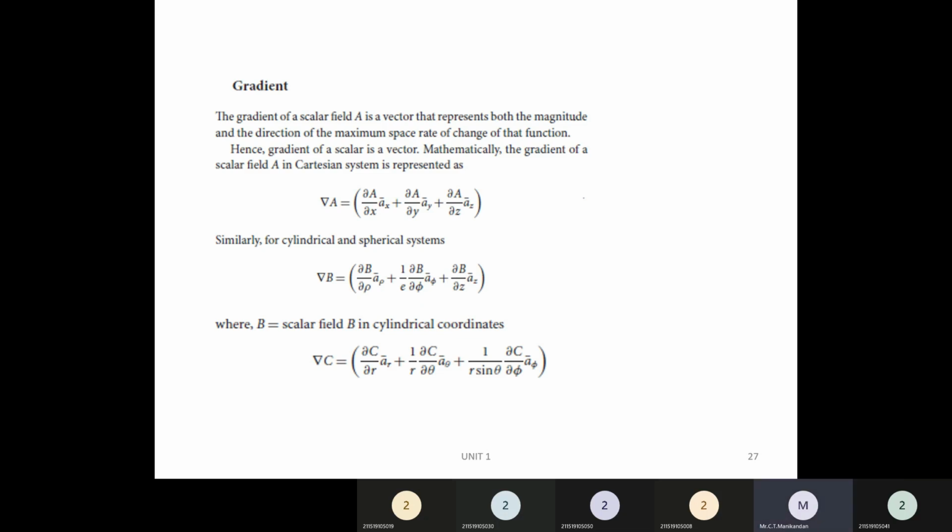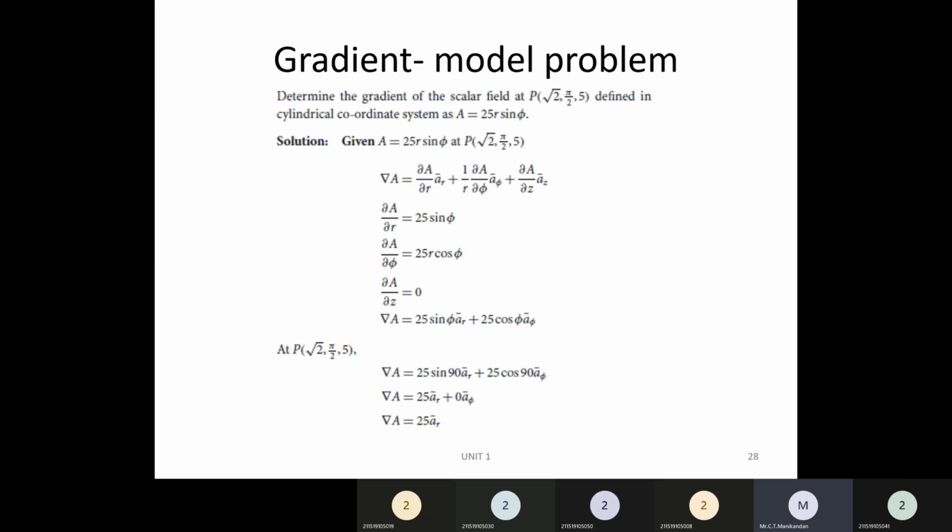We differentiate the function at that point. That's what they have told there. It's a very important concept, so we have to remember it for different coordinate systems. What I have shown is the model for the cylindrical coordinate system. Similarly, we have to see it for the Cartesian and spherical coordinate systems also.